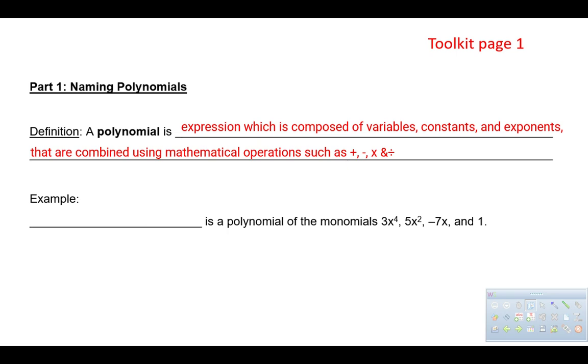So in your head, if you're picturing an equation, any equation in the world, that equation is considered a polynomial, okay? Polynomial is a fancy way of saying equation, because an equation is you like putting these things together, right? So a polynomial does that. The difference between an equation and a polynomial is that it doesn't necessarily need the equal to sign, right? It can just be an expression.